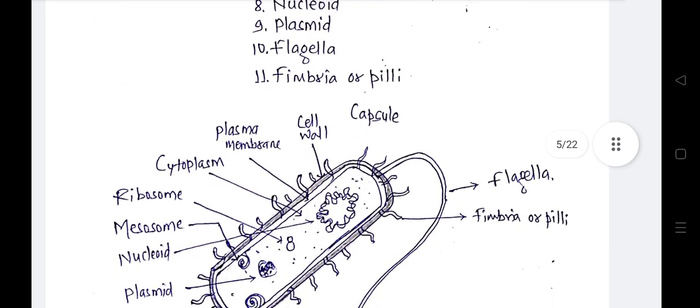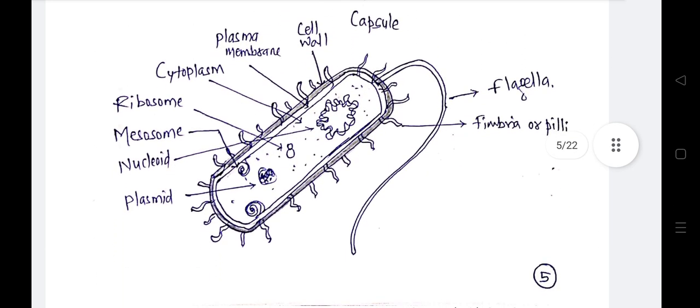So look at the picture of a bacterial cell. The bacterial cell showing the slime layer and capsule. The capsule is the outermost covering of some bacteria. It is not present in all types of bacteria. The capsule is made up of disaccharides and polypeptides.